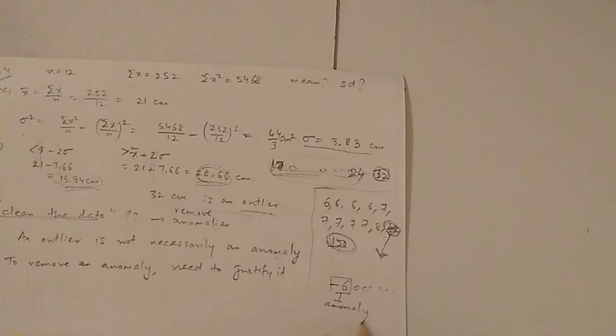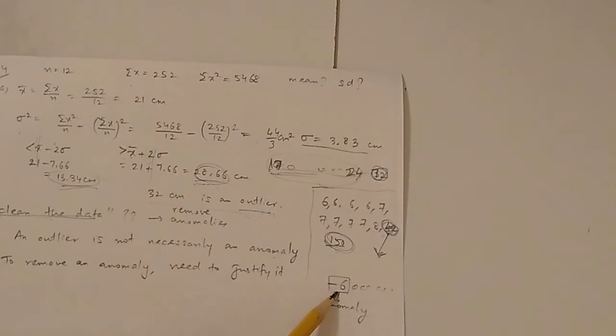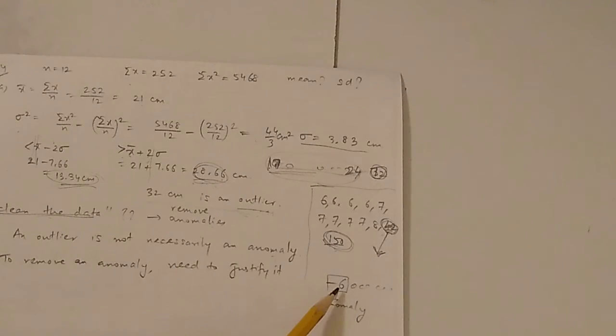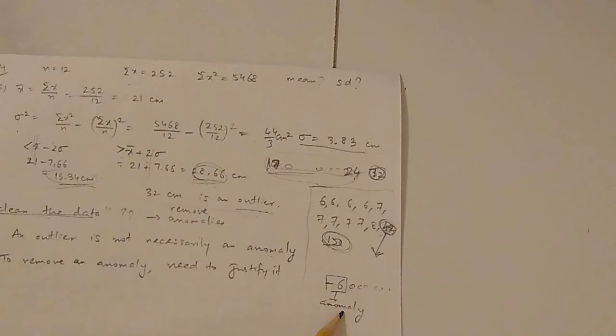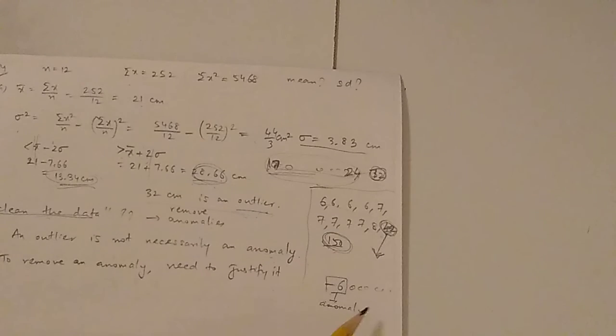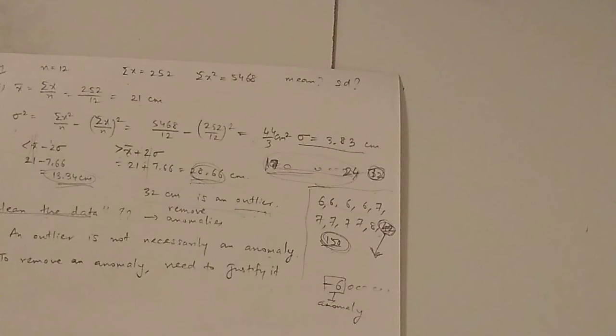Why? Because you do have a reason that minus 6 cannot be the length of a snail. You cannot have a negative length. So as long as you can justify the reason you are removing the anomaly, it is good. But without justifying it, you cannot simply remove an anomaly from the data.